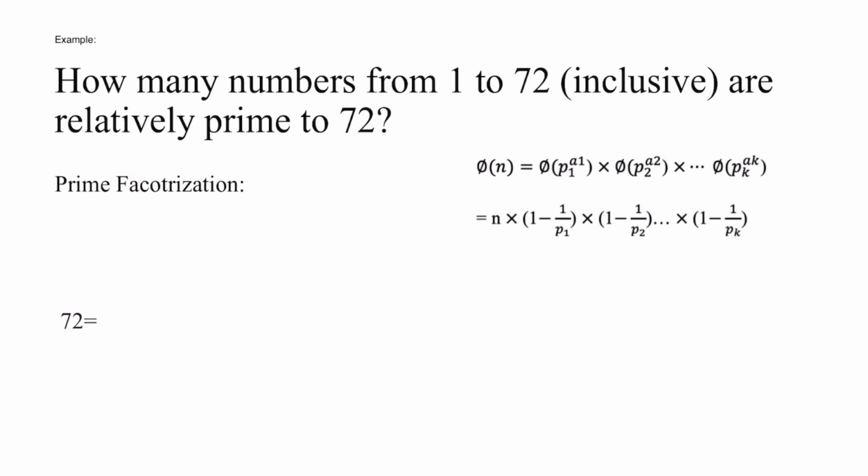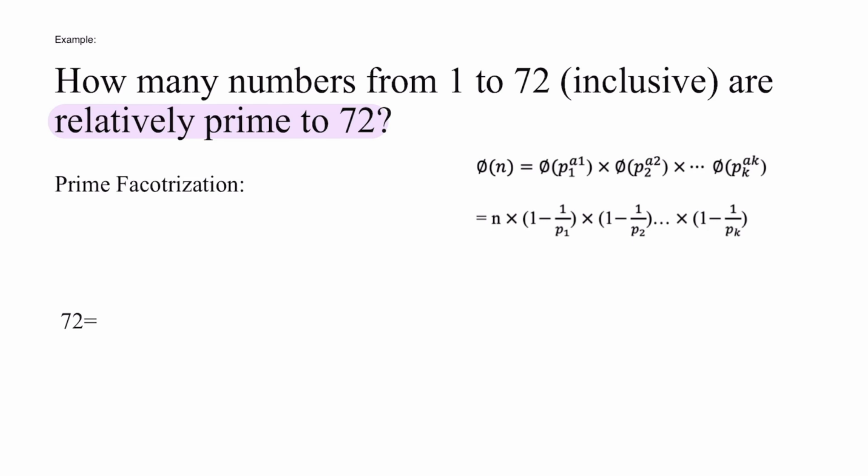Now take a look at this question. How many numbers from 1 to 72 inclusive are relatively prime to 72? Pause and think how we can apply Euler's totient theorem to this question. Similar steps can be applied here. We can first figure out how 72 can be prime factorized.